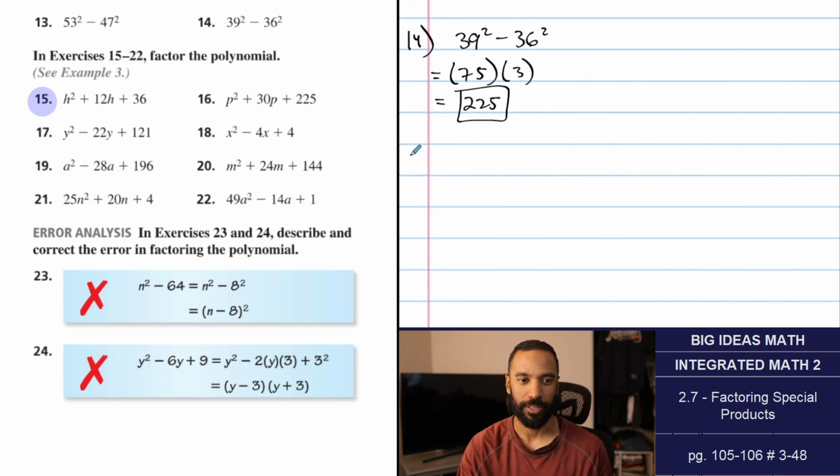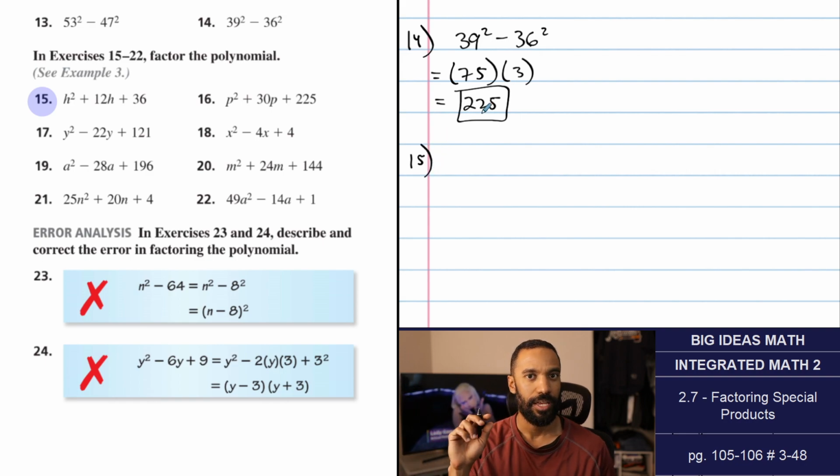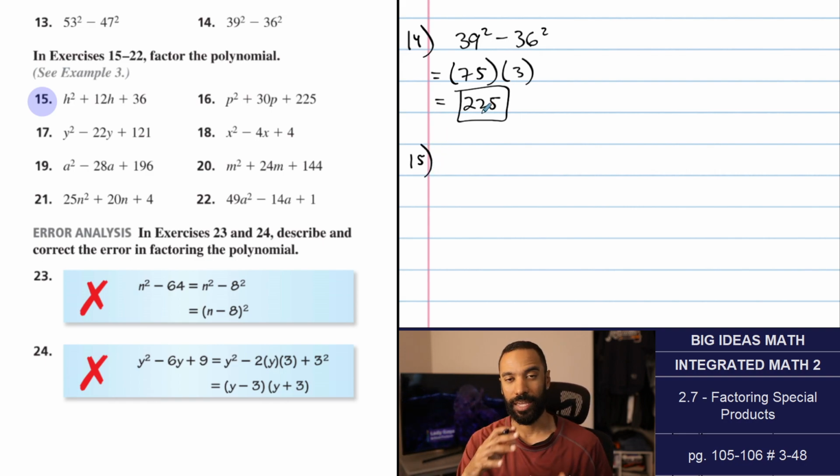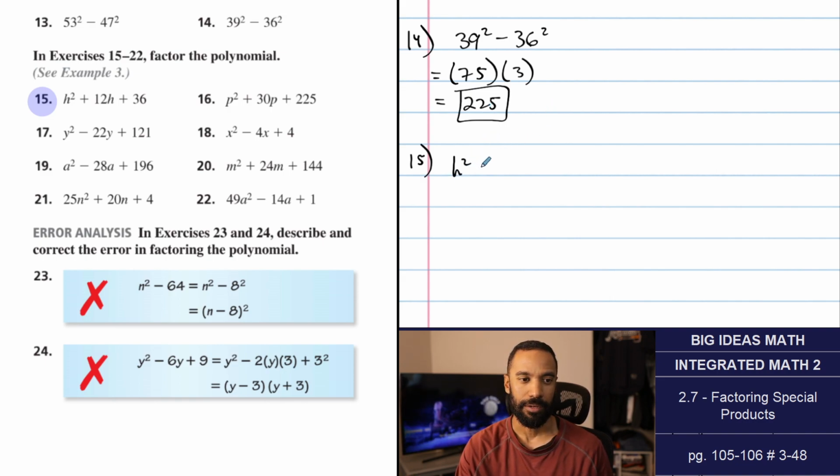We're factoring these polynomials. Notice that we do want to use the special case scenario to recognize these are perfect square trinomials and then move forward from there. Because that's exactly what these are. H squared plus 12h plus 36. Yeah, two numbers that multiply to 36 and add to 12, that's 6 and 6. I get it.